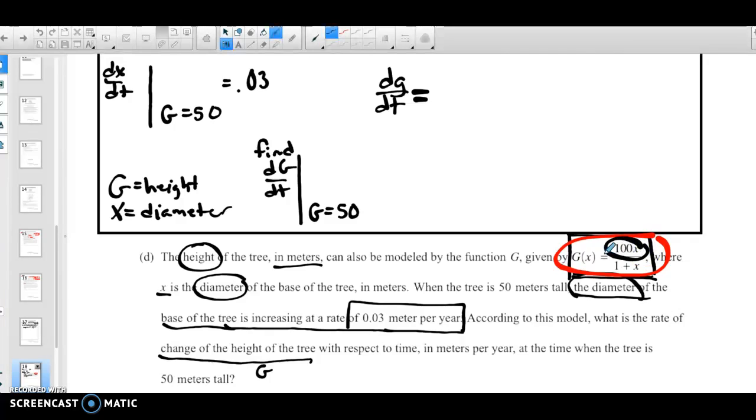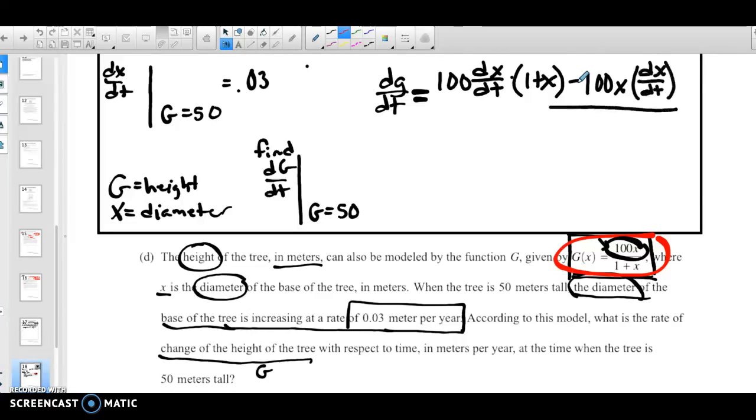And now, the derivative of the top is 100 dx/dt times 1 plus x, minus u, which is 100x, times v prime, which is 1 dx/dt, over v squared.